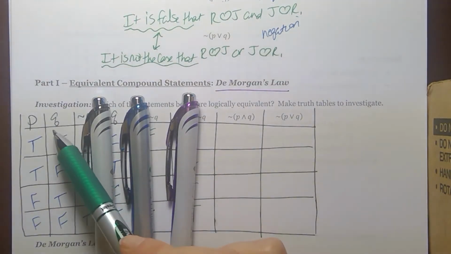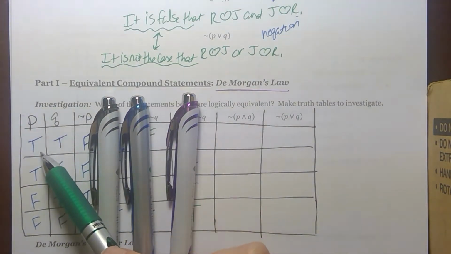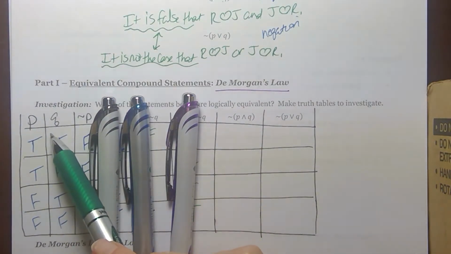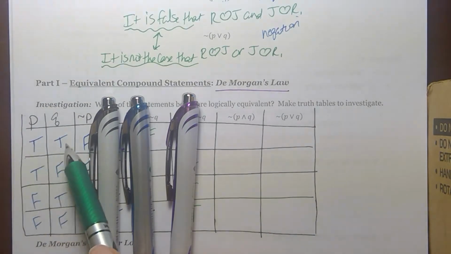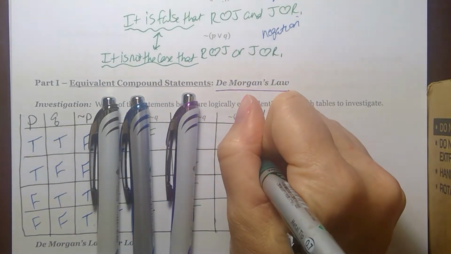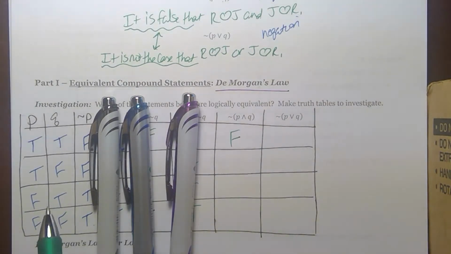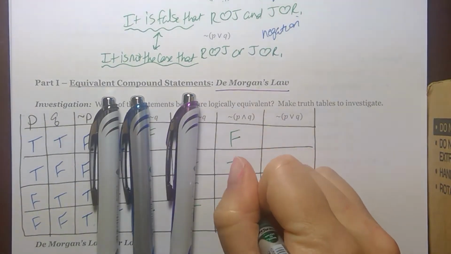Well, P and Q right here is only true where both of them are true. So it is only true for this first case. But when I negate that, that first case becomes false. P and Q will be false for cases 2, 3, and 4. When I negate that, they become true.